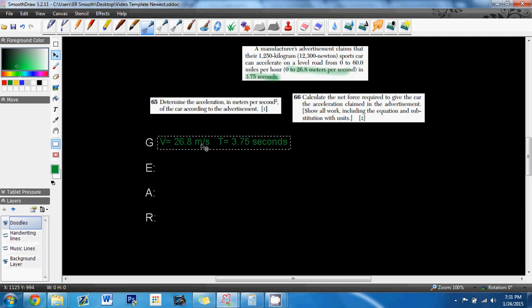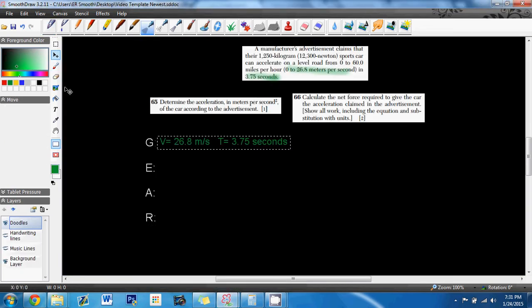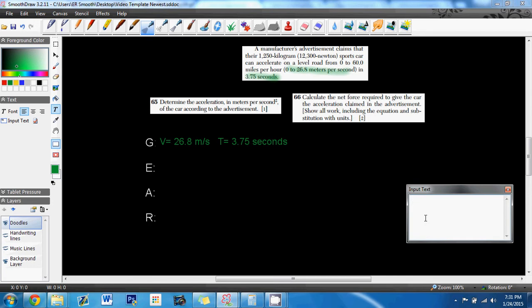Alright, then we need to use our equation, which is the equation of acceleration, change in velocity over time. So our equation will be a equals, I don't know how to do that triangle, but I'll just draw it, change in velocity over time.